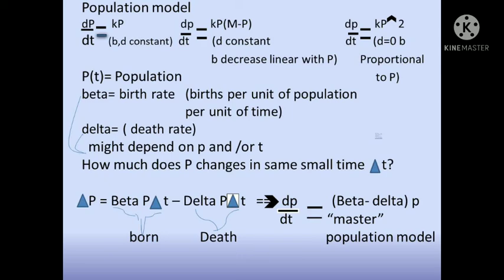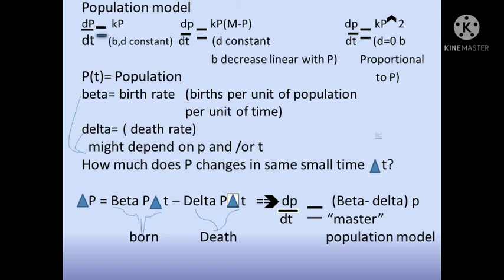So I add this harvest term, minus h times delta t, into the change delta P. That gives me an extra term on the right hand side of the population model, dP/dt = (beta minus delta) times P minus h. So this is the master population model with this little bonus term of harvesting.